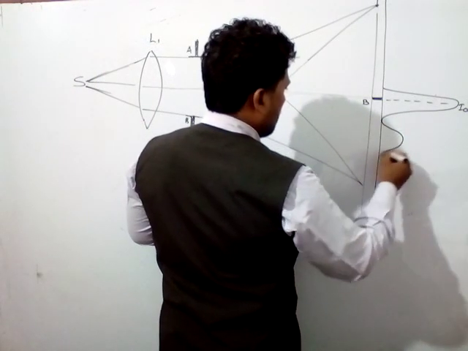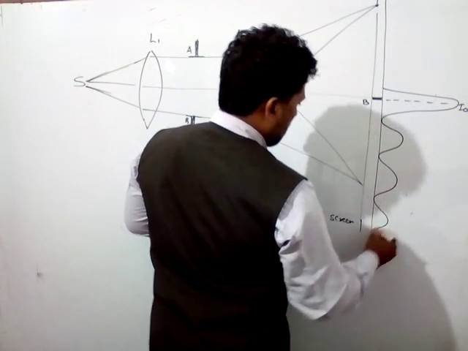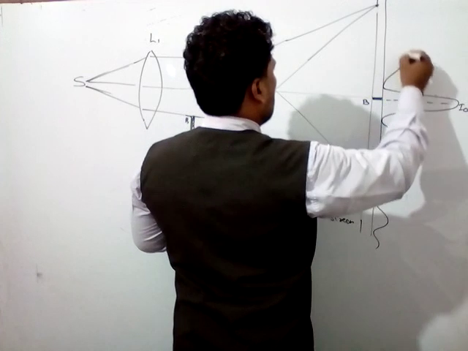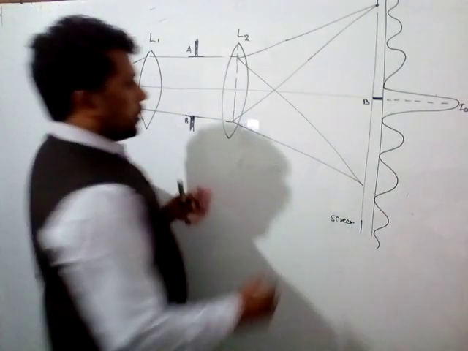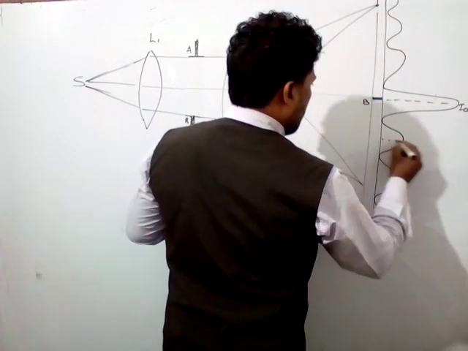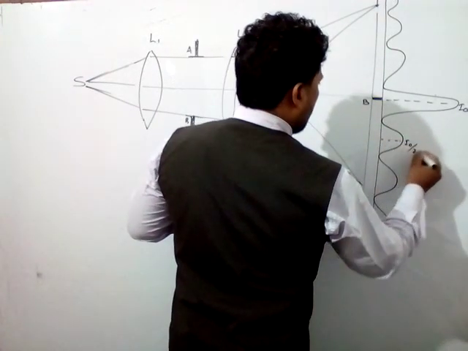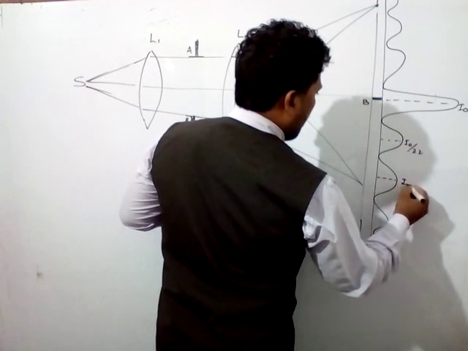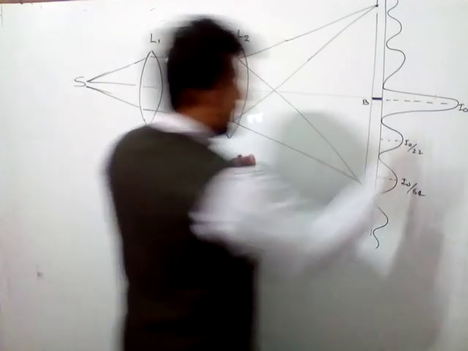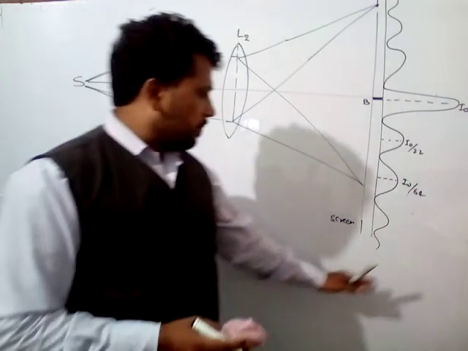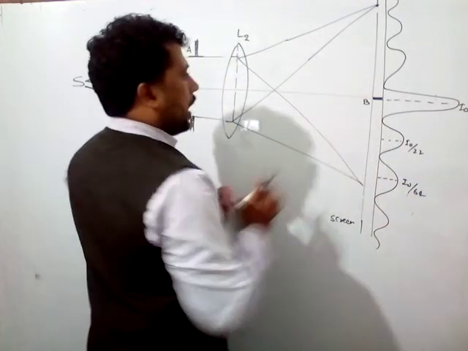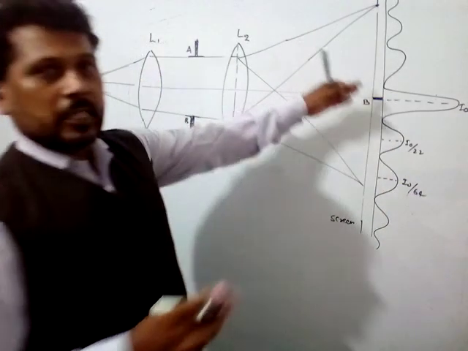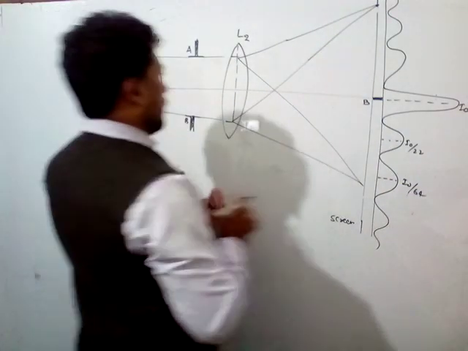So this is the maximum intensity. After that it decreases to I naught upon 22, I naught upon 64. In this way the intensity decreases, and finally it becomes 0. So this is the central maxima, and after that secondary maxima and tertiary maxima will form in a continuous way.